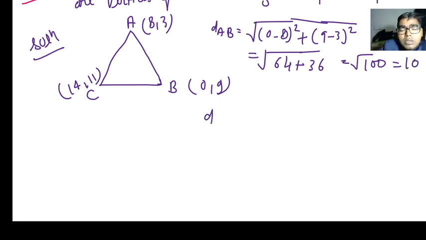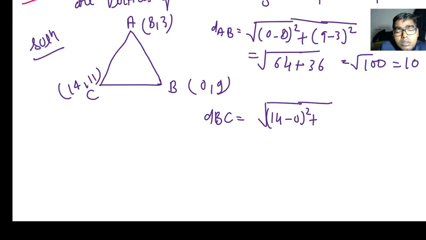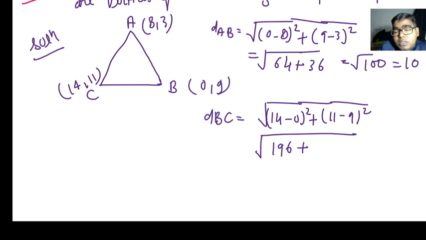And DBC equals (14 minus 0) whole square plus (11 minus 9) whole square. This will give you 196 plus 4, so it is 200, and root 200 means 10 root 2.